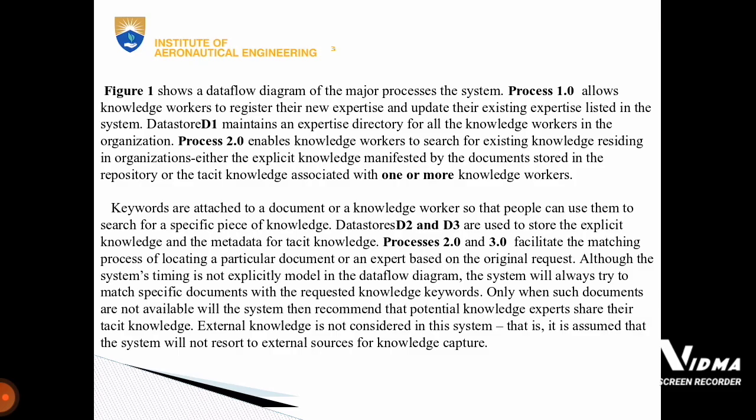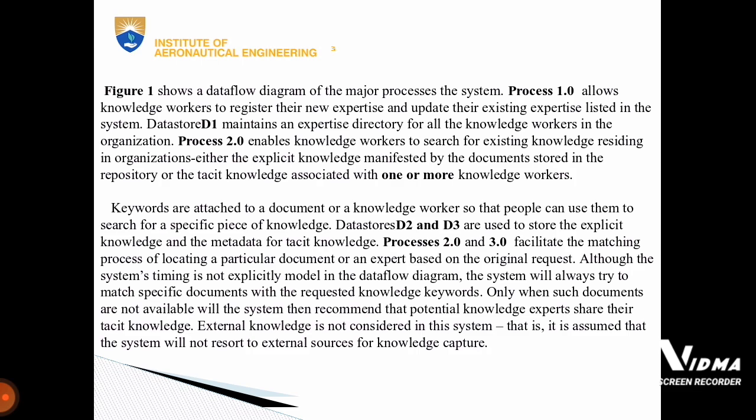This is the graph for knowledge management. Figure 1 shows the data flow diagrams of the major processes in the system. Process 1 allows knowledge workers to register their new expertise and update their existing expertise listed in the system. Data store D1 maintains an expertise directory for the knowledge workers in the organization.